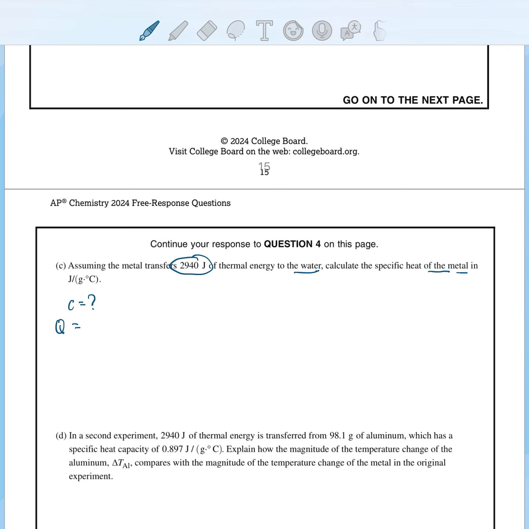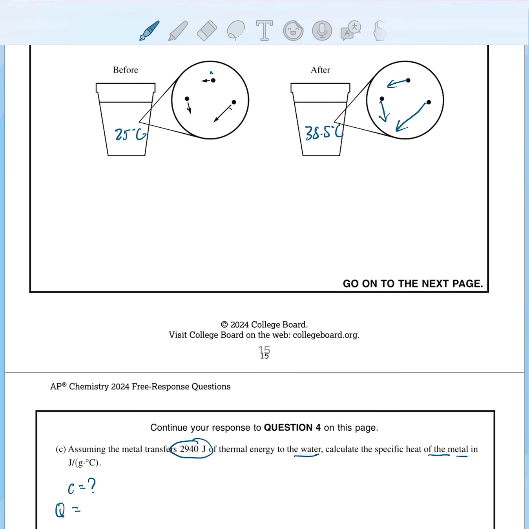Now, we just have to be careful because, if you remember, maybe I'll draw this again. When you put the metal ball in the water, the heat was going this way. So the water got warmer, and therefore Q of the water, the surroundings, is positive.